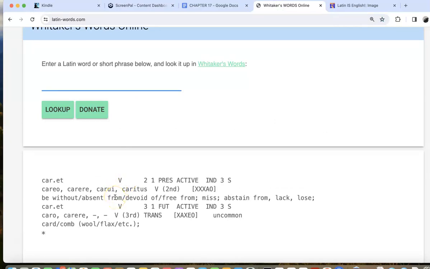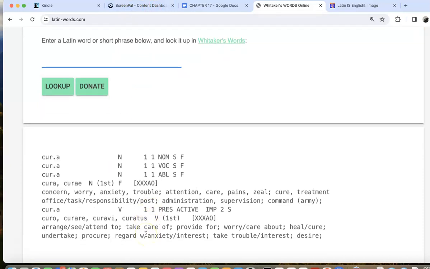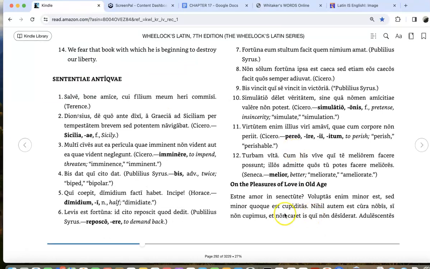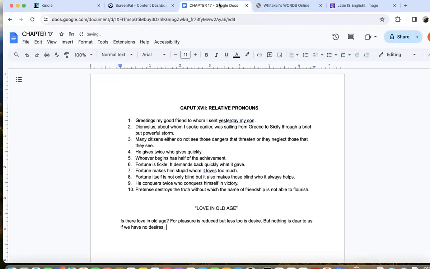So he is free from care. Let's see, make sure this is, I guess it could mean care, zeal, cure, treatment, trouble, anxiety, worry. All of these really don't make as much sense in English as they do in the original Latin. So we're going to have to keep it literal rather. And he is not free from, so I'm going to say that one right there. He is not free from.